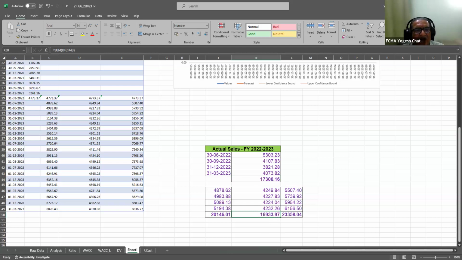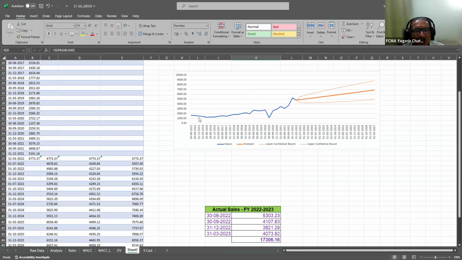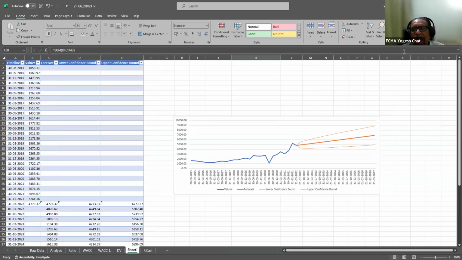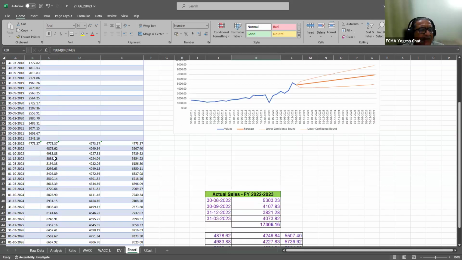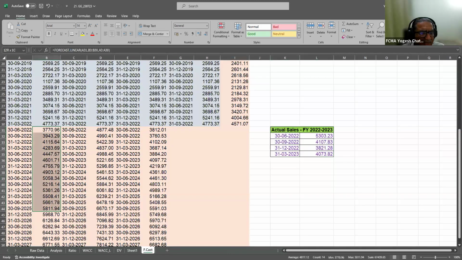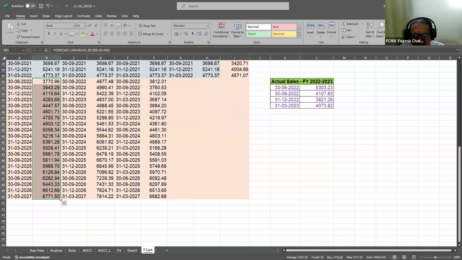So you can very well make this, and through this trend line, you can make analysis. You can get a first-hand view of the revenue from operations of this company. That is making use of the forecast function in Excel. You can make projections, and there are different functions available.